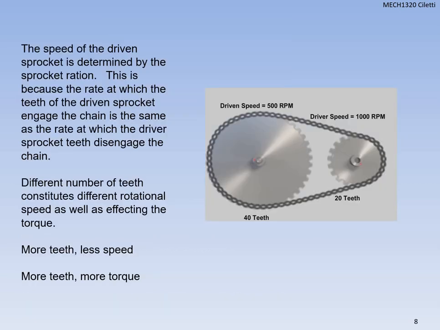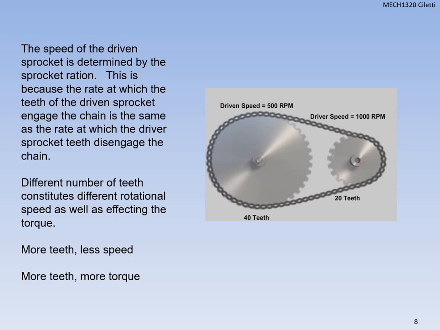The speed of the driven sprocket is determined by the sprocket ratio. This is because the rate at which the teeth of the driven sprocket engage the chain is the same as the rate at which the driver sprocket teeth disengage. As we engage on one, we're disengaging on the other at the same time. The different number of teeth constitute differential rotational speed as well as affecting the torque, just like gears.